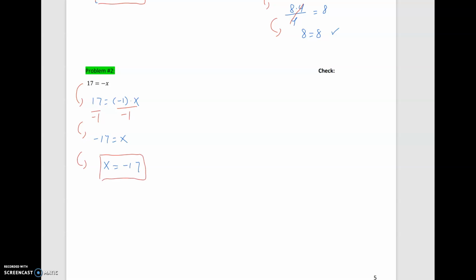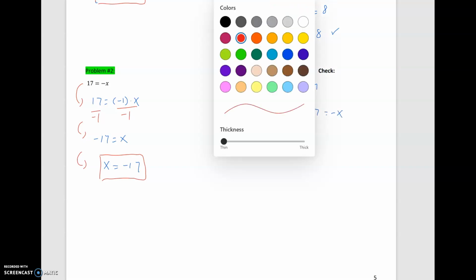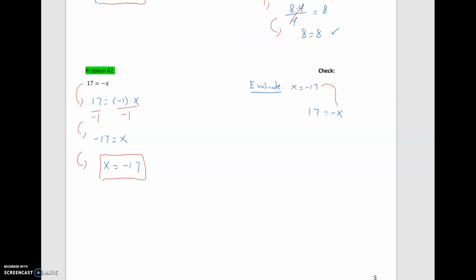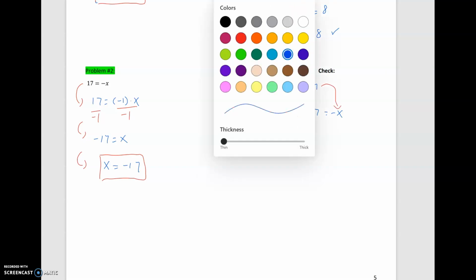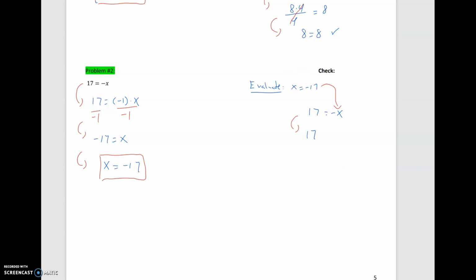At this point, to do the check, we're going to be evaluating x is equal to -17, and you're plugging it into the original equation, 17 is equal to -x. So in this case, be careful with the signs because we technically are evaluating 17 is equal to negative, and our solution is negative 17.